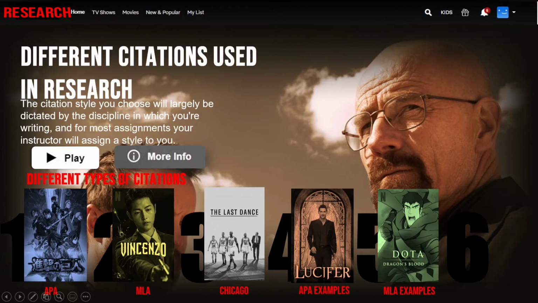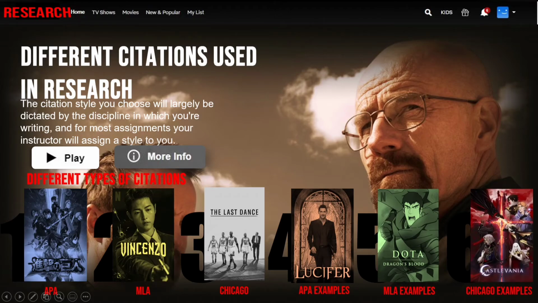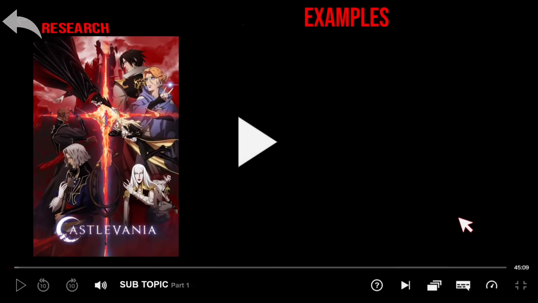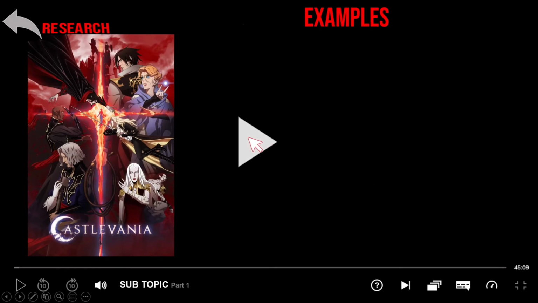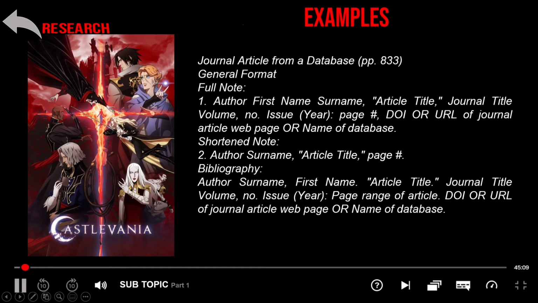So next is the Chicago style example. This is how we use the Chicago style. The general format for the full note is: author's first name, then surname, then the article title, journal title, volume, number or issue and year, then the page number, followed by the URL of the journal article webpage or the name of the database.